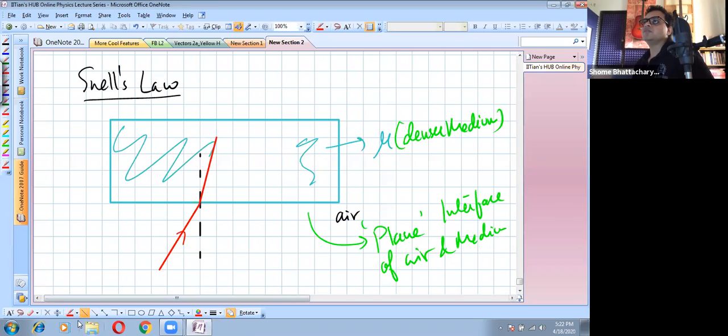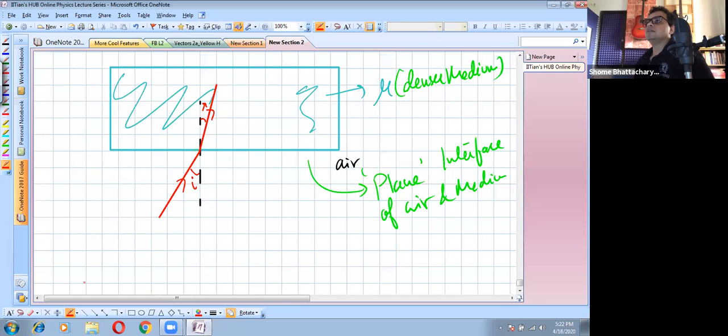It will deviate from its path in such a way that if this was the angle of incidence, the angle of refraction will become less, given by the formula that sine of I is equal to the refractive index of that medium into sine of R, where I is called the angle of incidence.